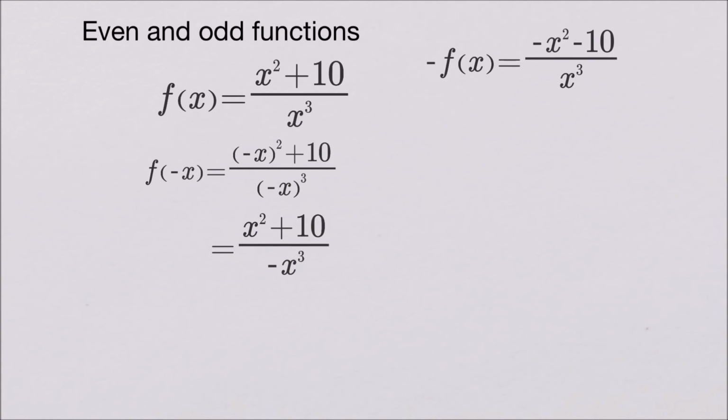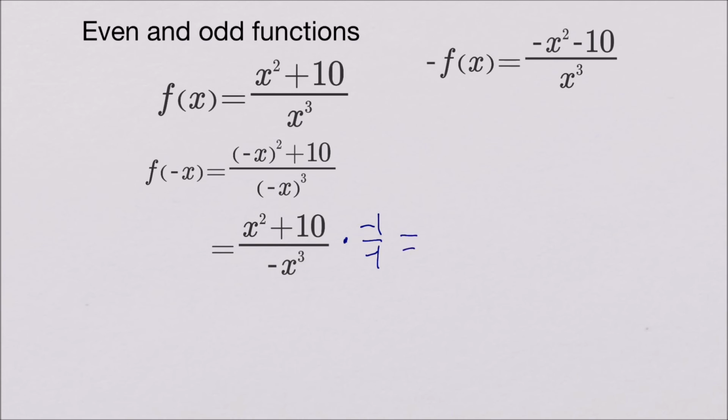Now if we look at these two answers, the answer that we got for f of minus x and the answer we got for minus f of x, on first glance they don't look the same, but I think we'll be able to get them to be equal to each other. Let's multiply this by -1 over -1. We can do that. That's the same thing as multiplying by 1.